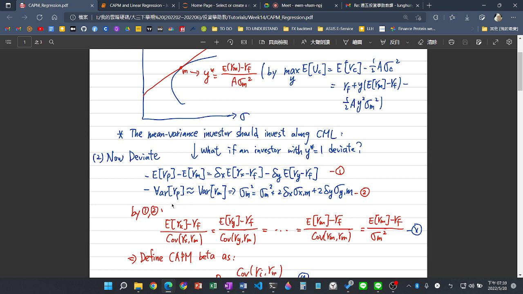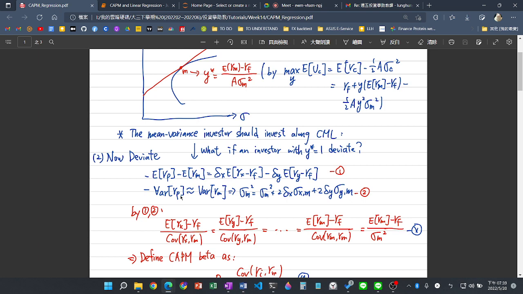The second is that the variance of the portfolio P should be roughly equal to the variance of the market. I believe it is very intuitive, because we deviate just a little, so in the long run it will not influence our portfolio's variance significantly. So their variances should be the same.